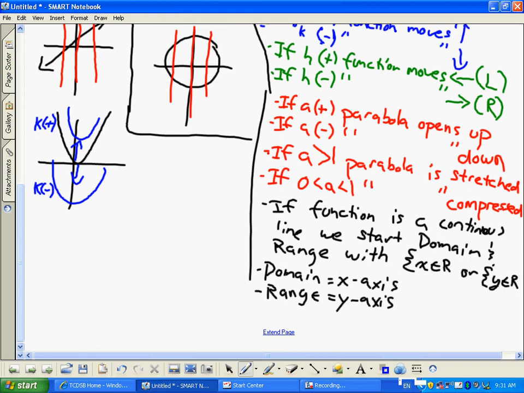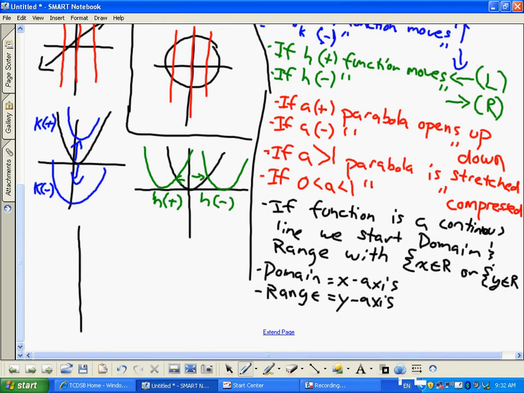If k is negative, we move the parabola down. Left and right. Okay. To the right, to the left. We move it to the right if h is negative, and if h is positive, we move it to the left. Okay? These are examples of some of the notes we made under characteristics. So we're just trying to get some visuals of it.